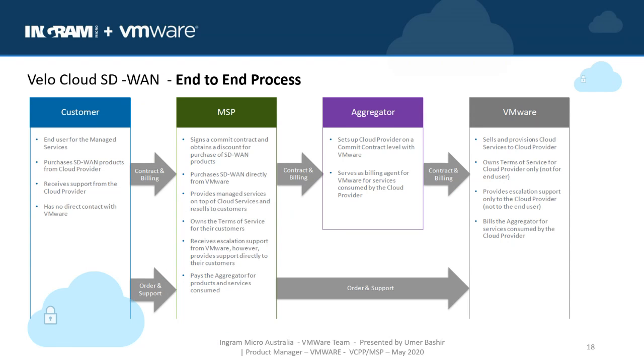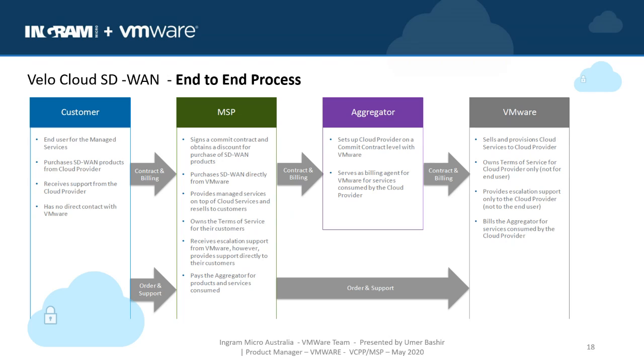As I mentioned before about the MSP part of the VCPP program, the MSP part is a dollar-based commitment, and the rental model is a consumption-based commitment. Velocloud sits on the dollar-based commitment part of the MSP. This is the latest new inclusion in that catalog.